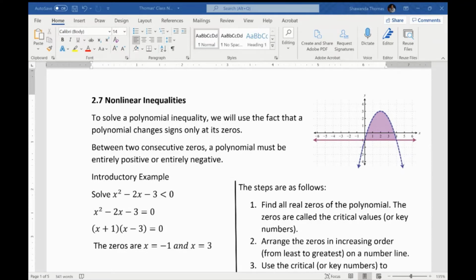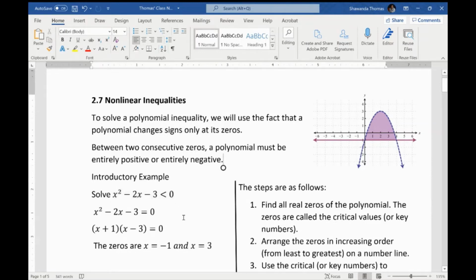So let me go to the first example again, which was x squared minus 2x minus 3 is less than 0. We wanted to know, when was this polynomial function less than 0? Graphically, that means on the y-axis, when are the numbers negative.